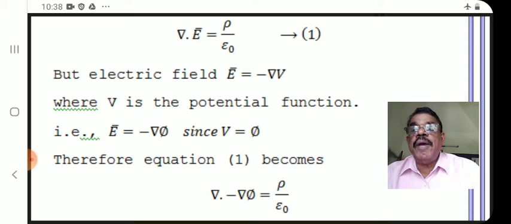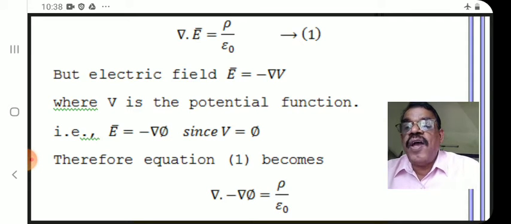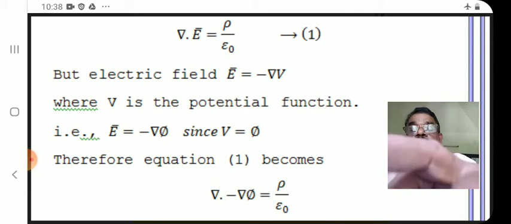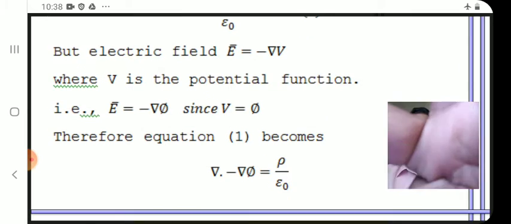Therefore, in equation 1, we put this value of E, that is E is equal to minus del phi, into the Gauss law. That is del dot of minus del phi, you can put minus del phi in a bracket, is equal to rho by epsilon 0.